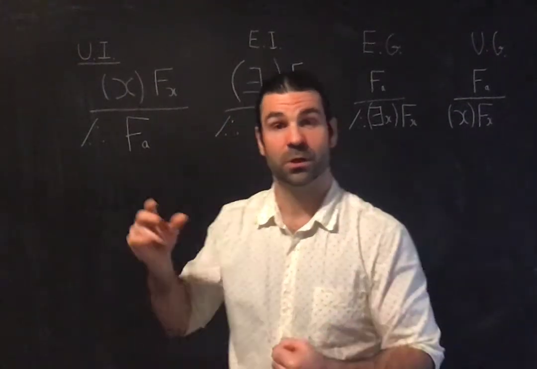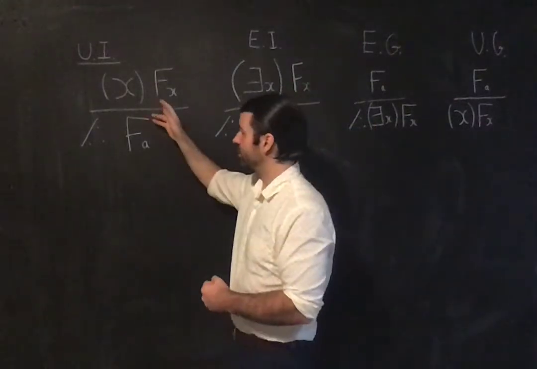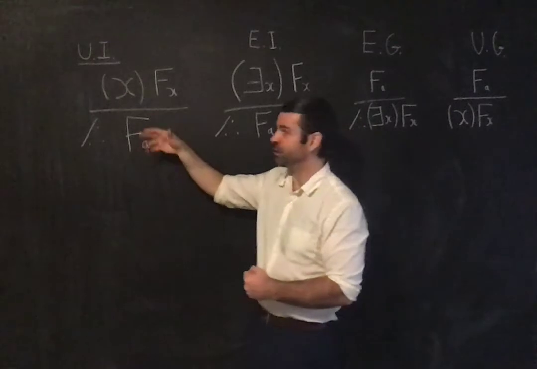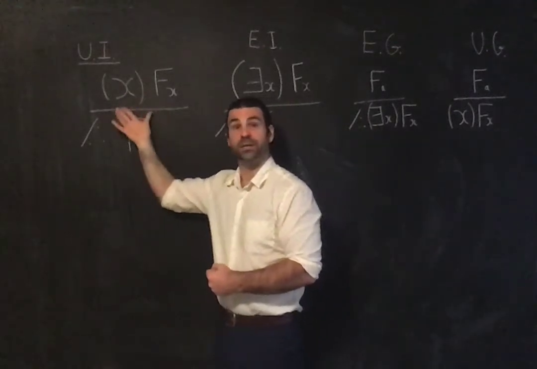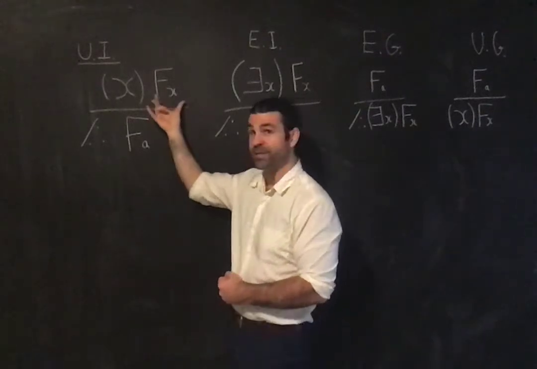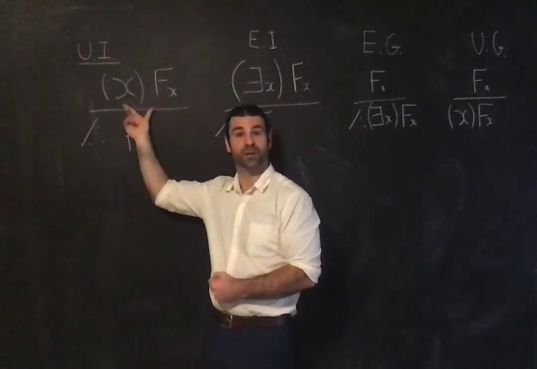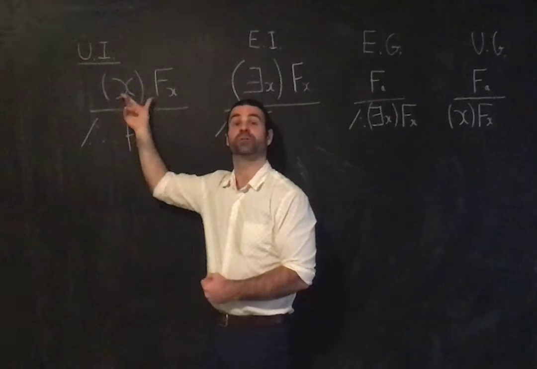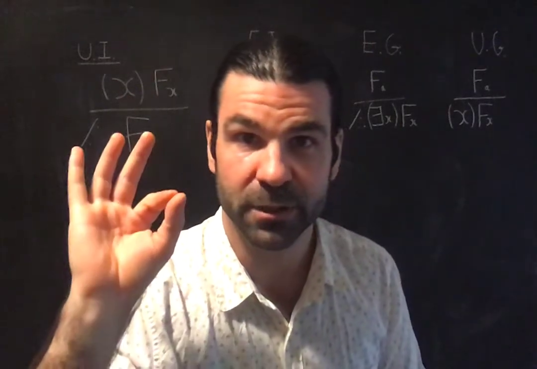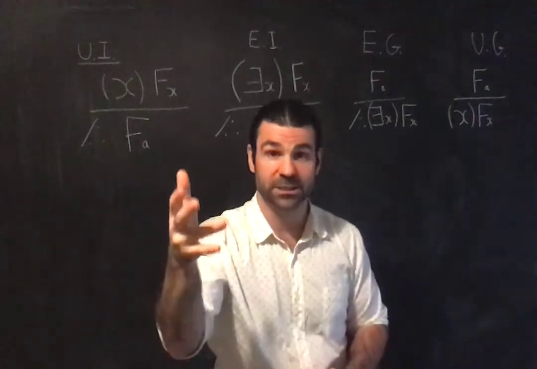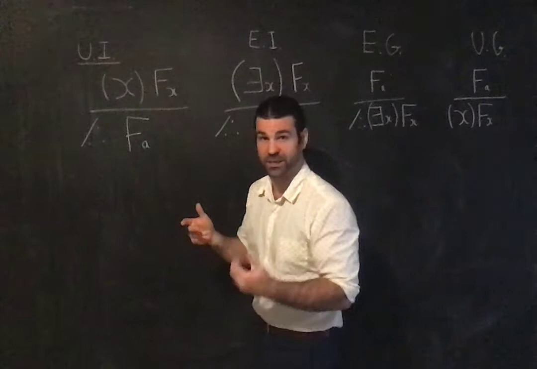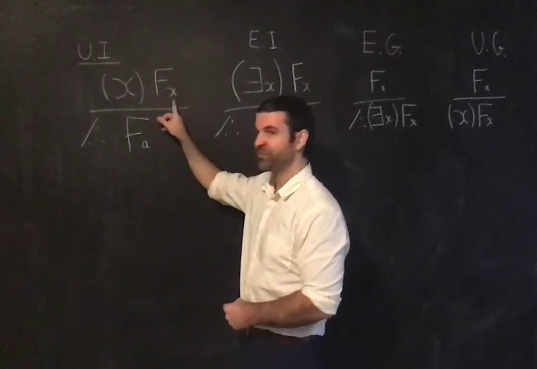So universally instantiating, moving from a universal statement, is moving from the statement that says that this propositional function is true of everything to, you're inferring from that, that this statement is true of this particular individual, of this instance, namely A or B or C.